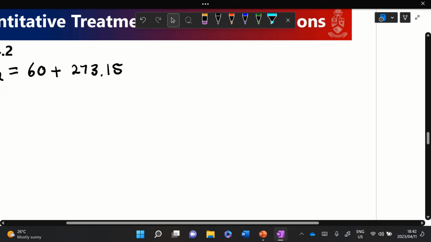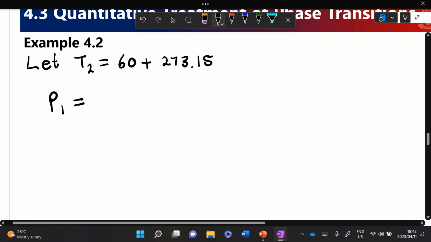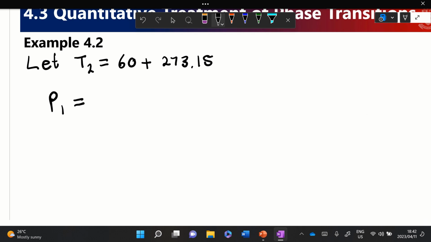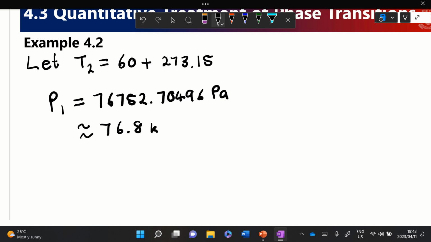Everything else remains the same. So the 25 just becomes 60. We then get 7652.70496 Pascal, which then rounds off to 76.8 kilopascal. Right.